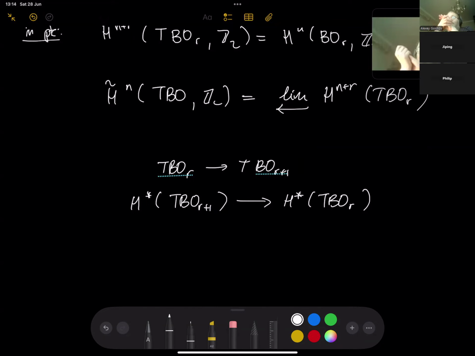Otherwise we get something which doesn't really tell us anything. So yes, we have these maps, and therefore there's a degree shift in the bottom arrow. Yes, minus 1, right?